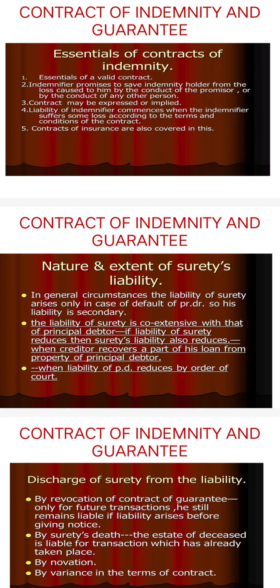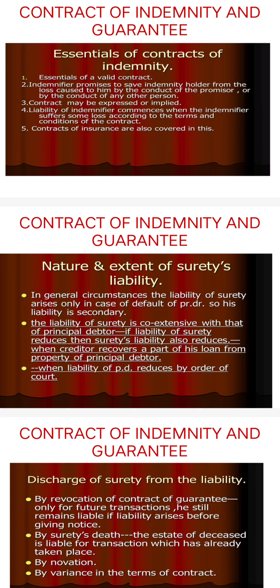Next, essentials of contract of indemnity. The first essential is essentials of valid contract. The second essential is indemnifier promises to save indemnity holder from the loss caused to him by the conduct of the promisor or by the conduct of any other person.